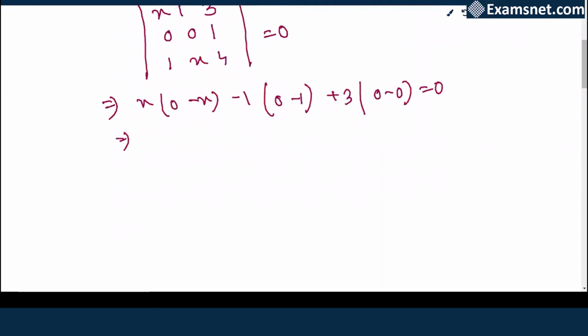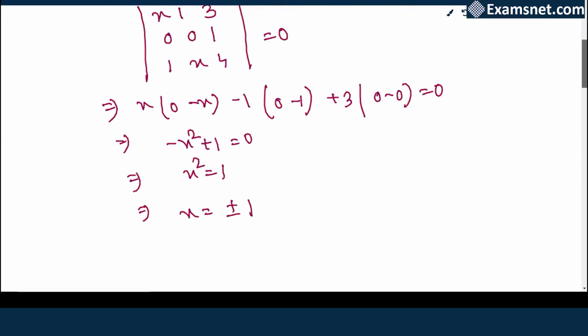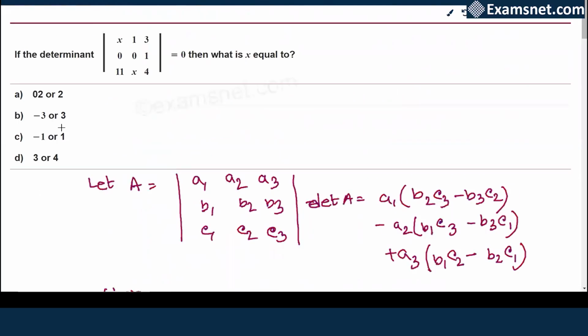Also, we can write it down, minus x square plus 1 equals to 0, x square equals 1. That means x equals to plus minus 1. So here the value for x is minus 1 or plus 1. Option C is the correct answer.